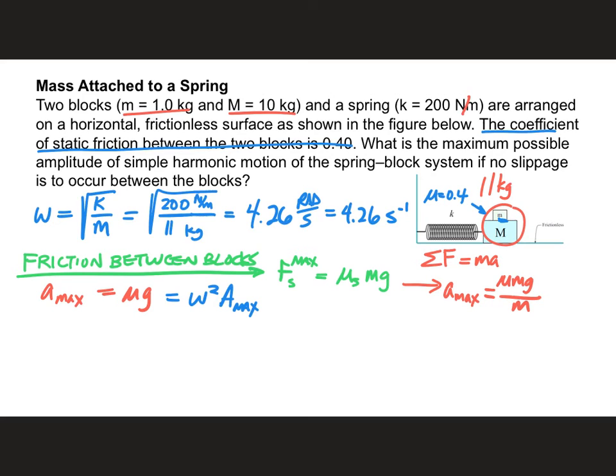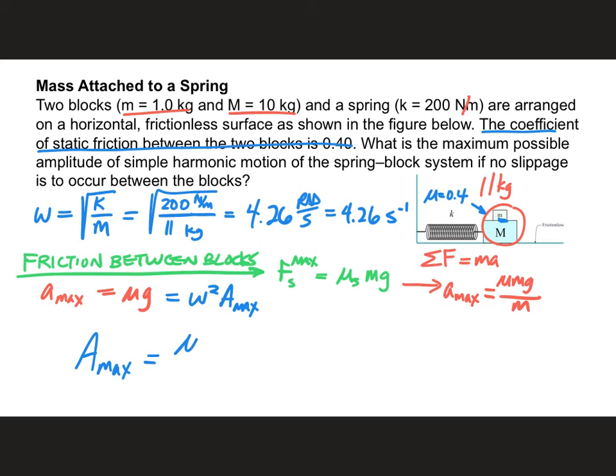So there is an equivalence between the linear acceleration and its angular parts. And so max linear acceleration for oscillatory motion will always be omega squared times amplitude. Okay? So now we can solve this for that max amplitude.